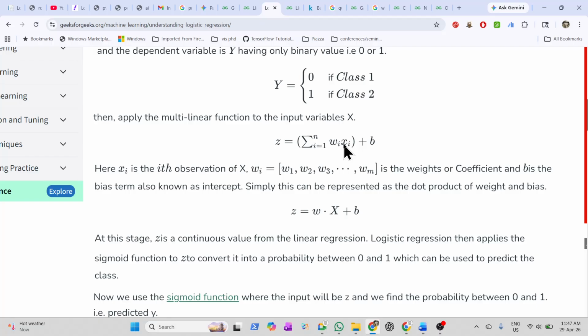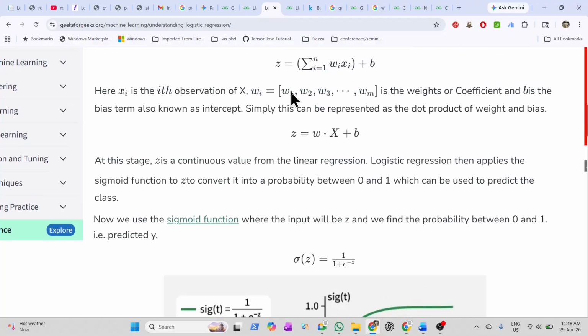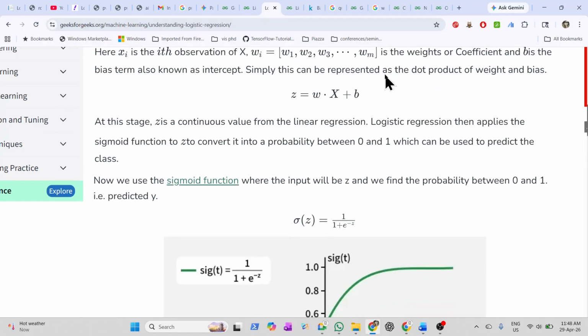And then there is a bias. And so here we get z, which is a linear value only, because we are using a linear equation.